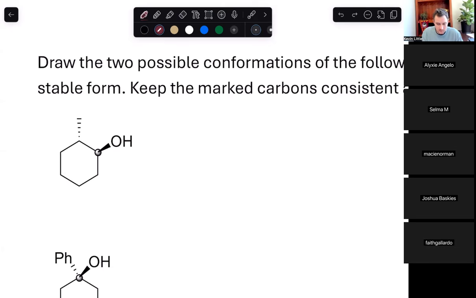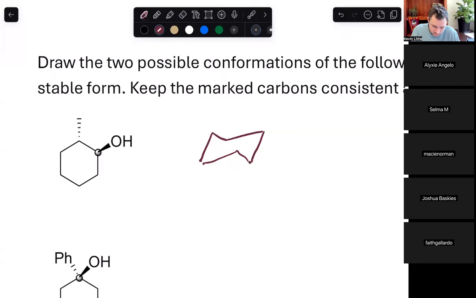The other problem I see is people will make these lines too short. So this is actually not a good chair structure here. You end up with a bond angle that's messed up.